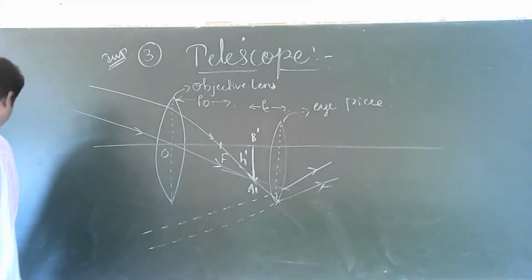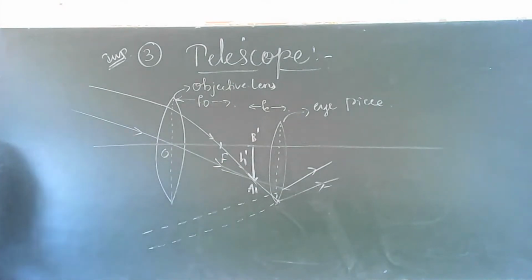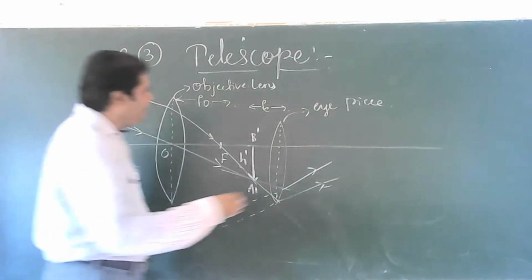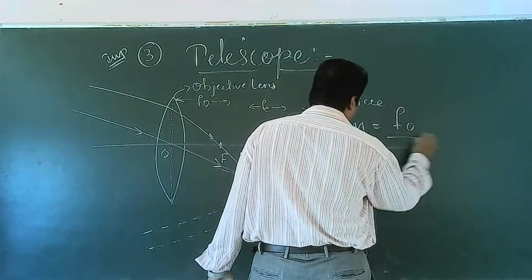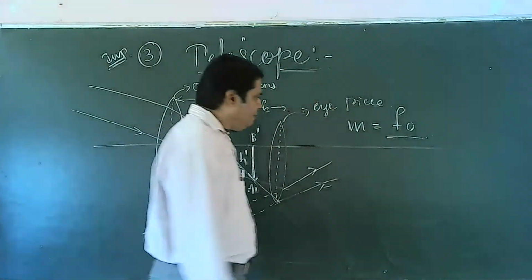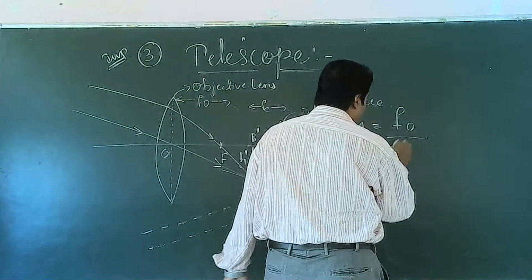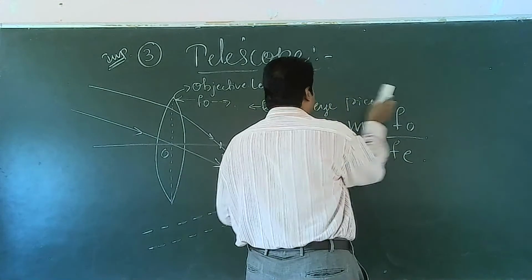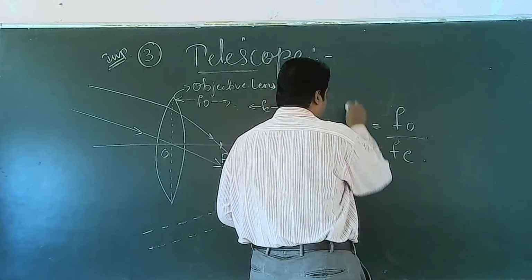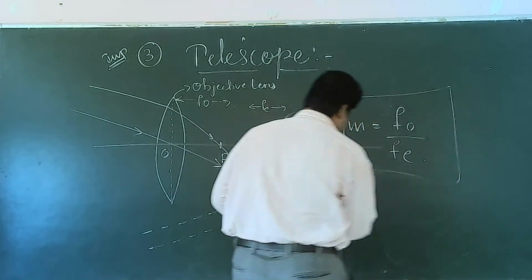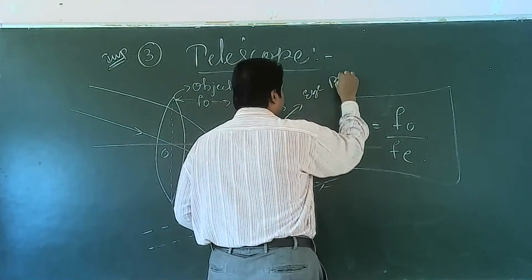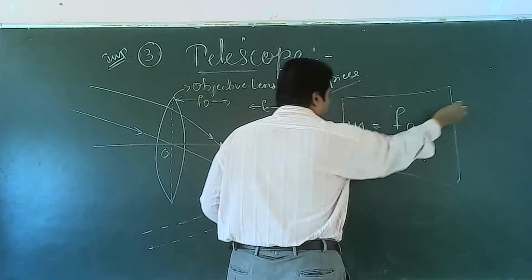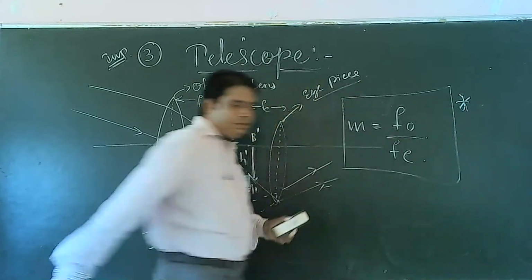Please remember, we write magnification M is equal to focal length of objective divided by focal length of eyepiece.